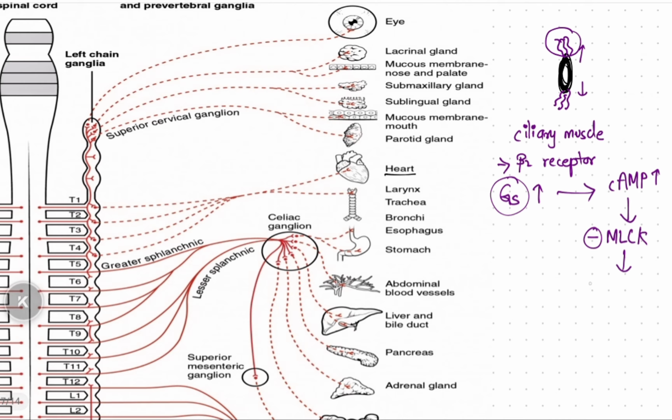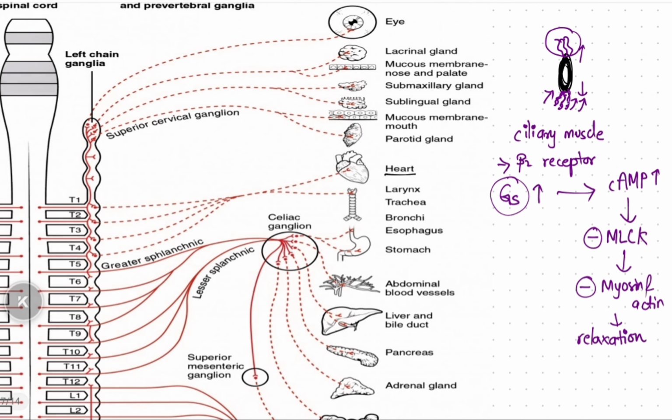So eventually, there is less interaction of myosin and actin, which leads to relaxation of the muscle. So imagine in this way, these ciliary muscles are so much constricted in the parasympathetic condition.